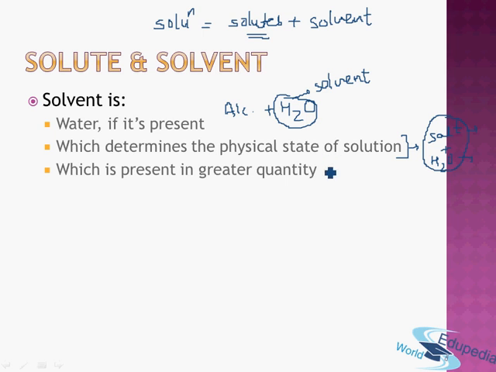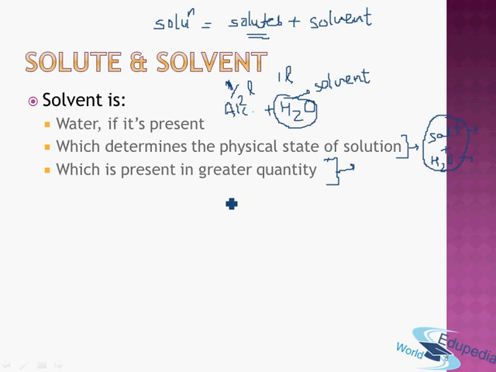Another way you can classify solute and solvent is by which one is present in greater quantity. Let's say I have alcohol and water. If I have half a liter of alcohol and 1 liter of water, then usually I'll take water as the solvent and alcohol as the solute.